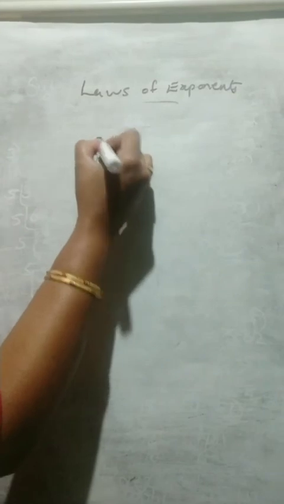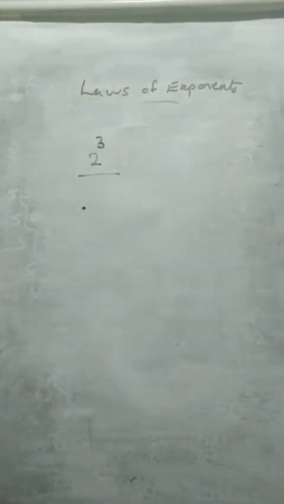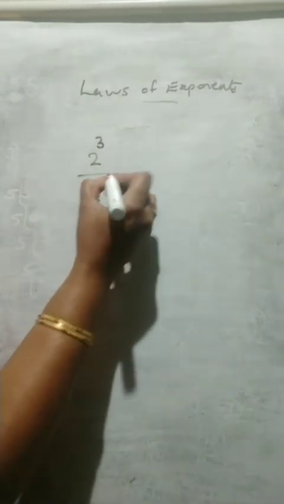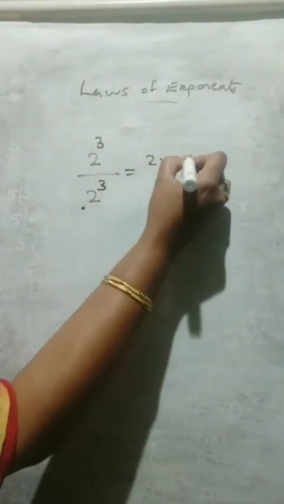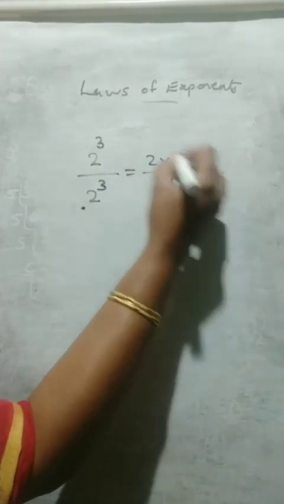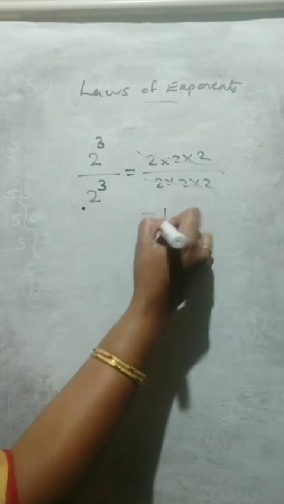Then 2 raised to 3 divided by 2 raised to 3. Here we know 2 times 2 times 2, and here also 2 times 2 times 2. Anyway, we will get 1 as the answer.